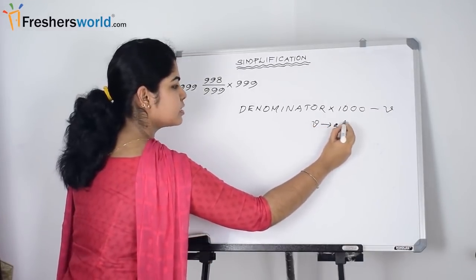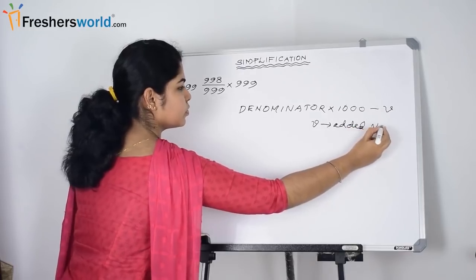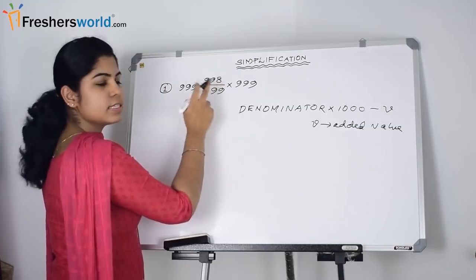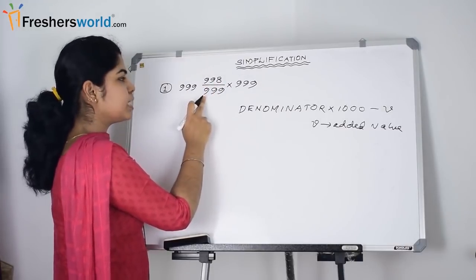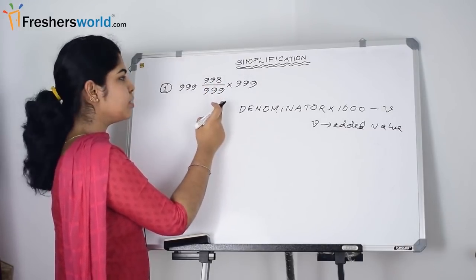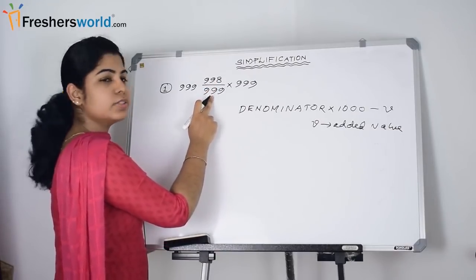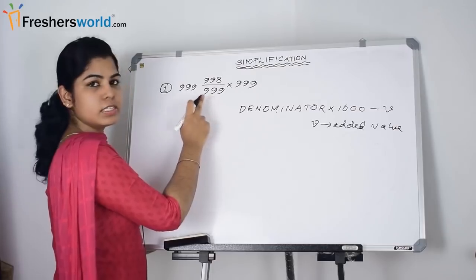And what is this added value? See, here the numerator is 998 and the denominator is 999. The added value is the value which we add to the numerator to make it equal to the denominator. So here it is 1.